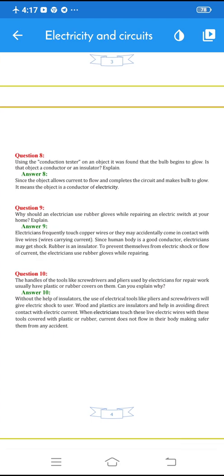The current does not flow into their body, making them safer from any accident, because rubber and plastic, being insulators, will not allow the electric current to pass through them.